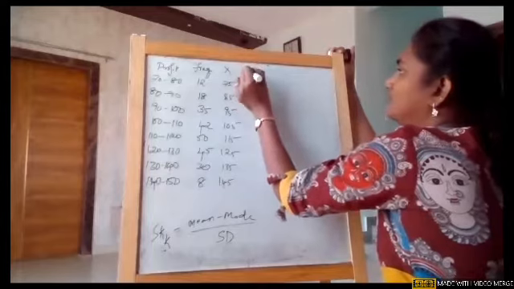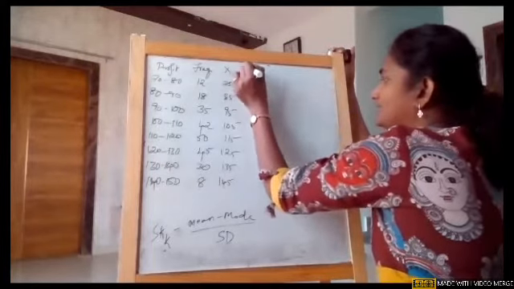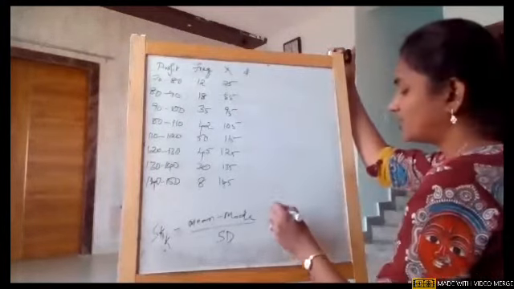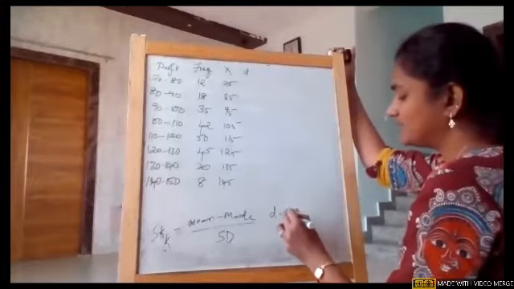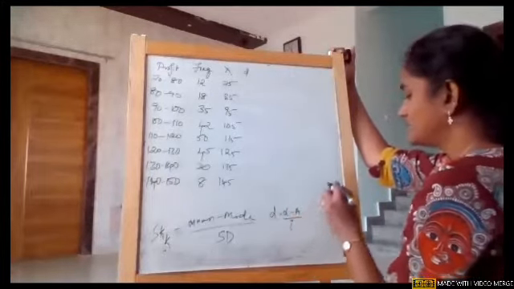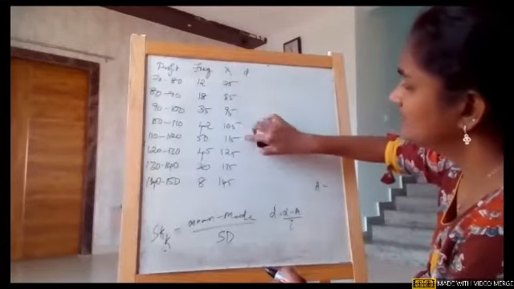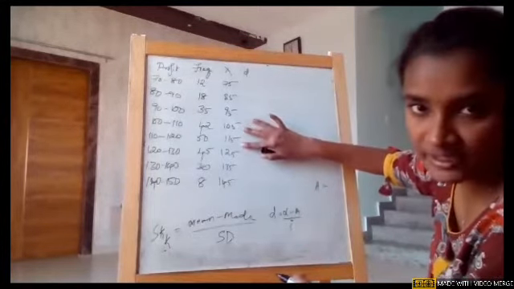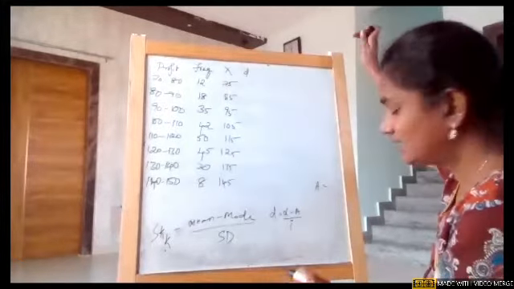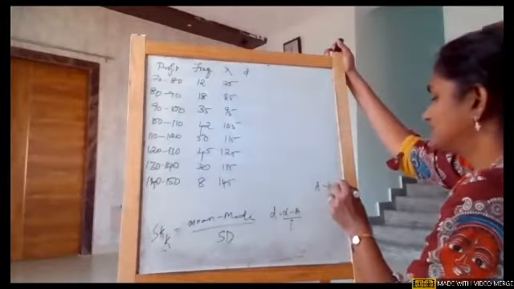So our next column will be D, where D is equal to, I am just writing here the elaborated formula, x minus A divided by i. According to that, what shall we pick as A, girls? There are two mid values, 105 and 115. So we will take 105.